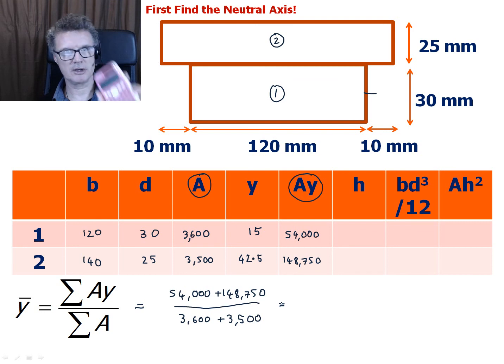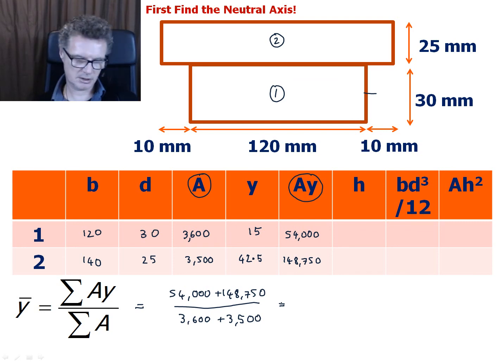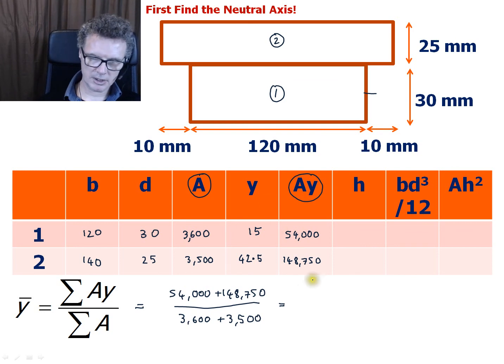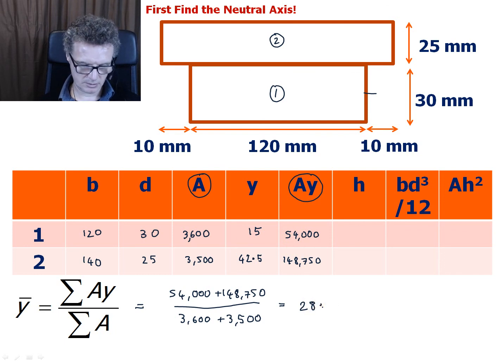Close my brackets, put that all in there, close brackets. And I get an answer of, let's put 5 sig figs, 28.558.